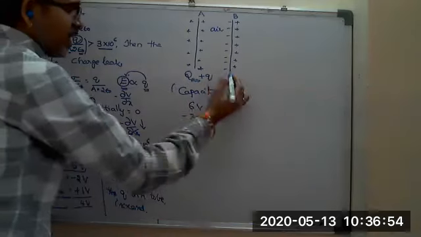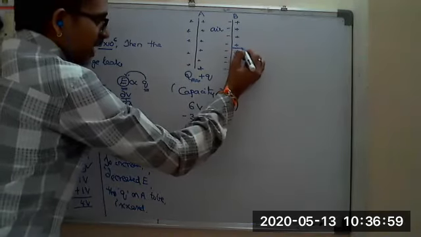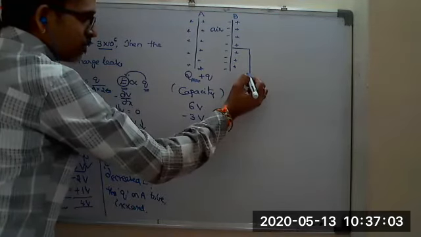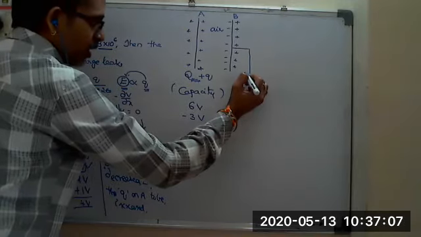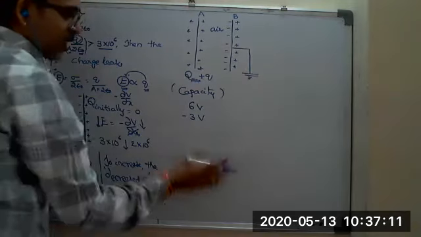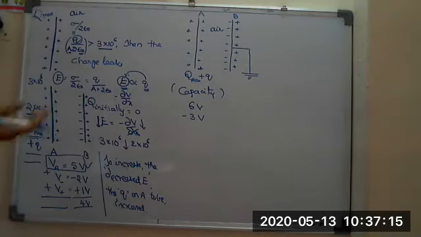For that, it is connected to the very good conductor naturally given by God, the earth. Yesterday I told, whatever charge leaks from the clouds will immediately try to go towards the earth. Why? Because earth is a very good conductor.